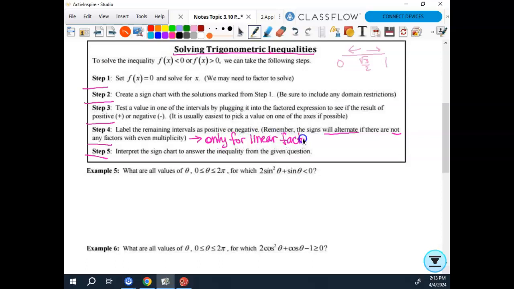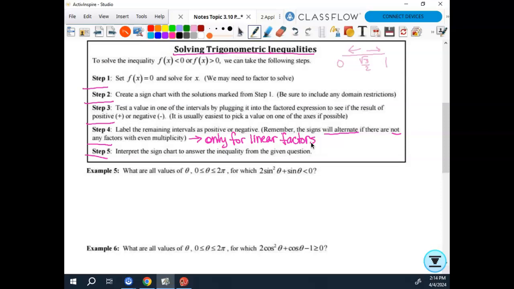I didn't catch that this was on here, so I didn't take it off. It is a true statement, but not for trig, because we don't get linear factors when we have trig stuff.